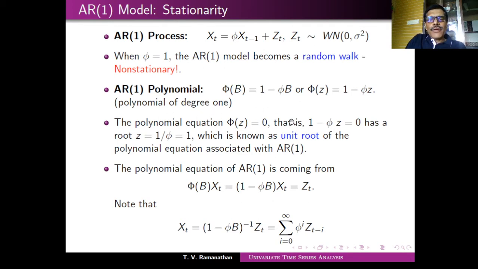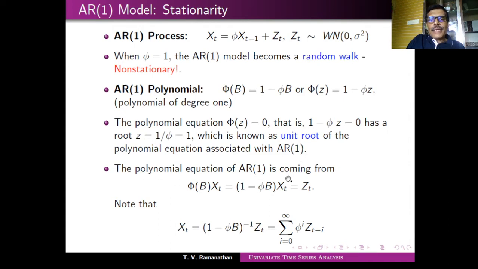So this is a polynomial of degree 1. Now if you equate phi of z to 0, 1 minus phi z equal to 0 has a root z equal to 1 upon phi, which is equal to 1 when you assume phi equal to 1. This is the situation where the polynomial has a unit root, known as a unit root of the polynomial equation associated with AR(1).